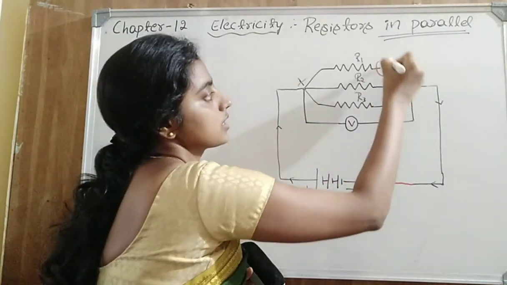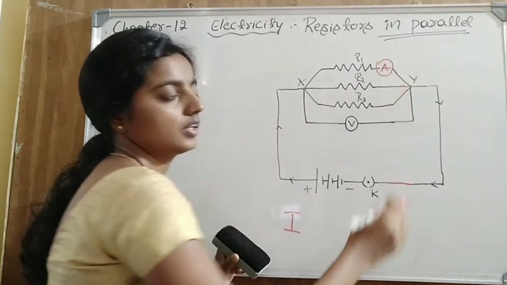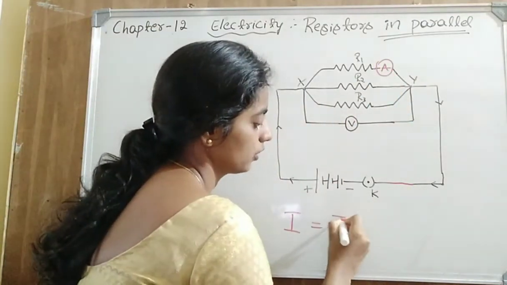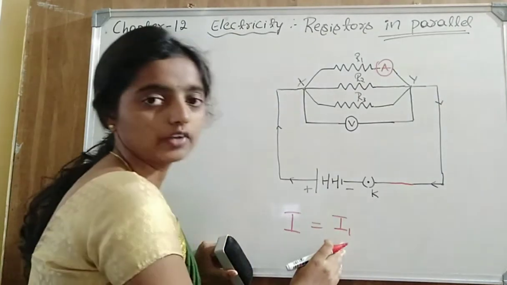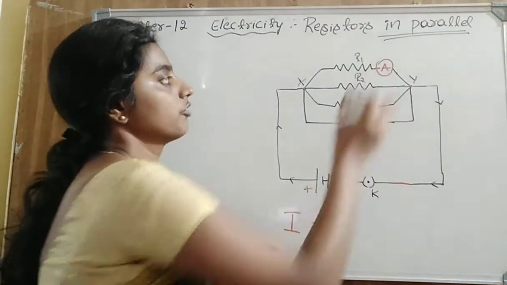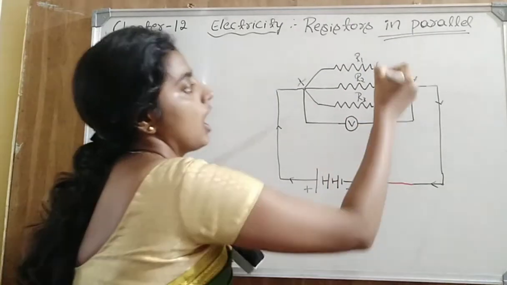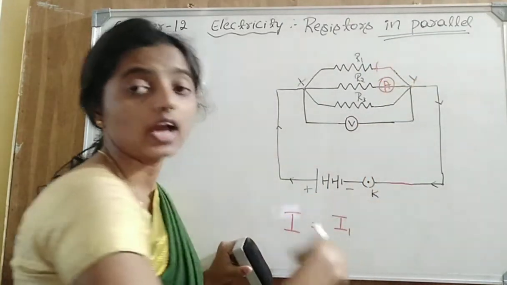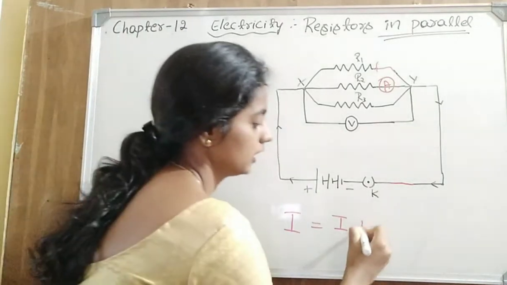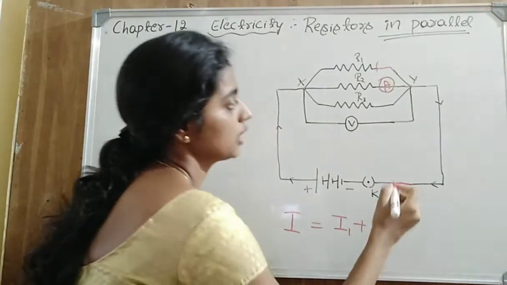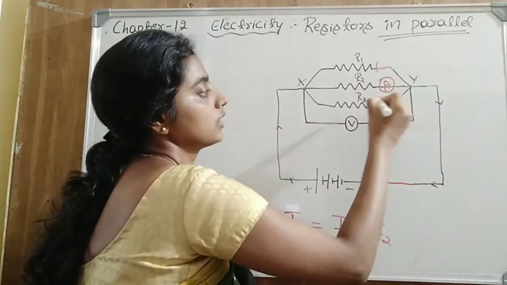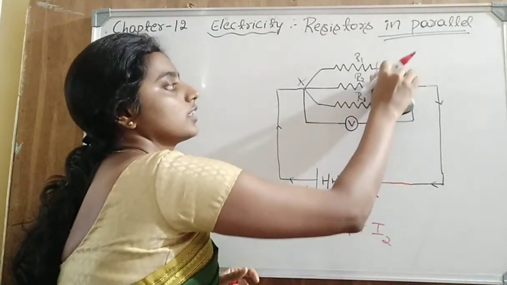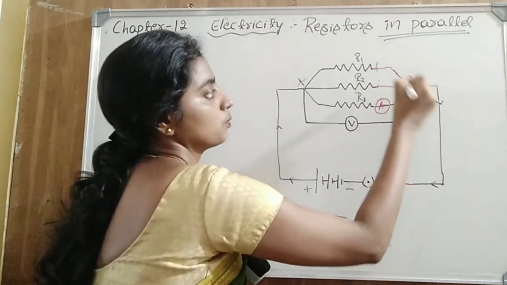So if we place the ammeter here and note down the current value, we got a current value, let it be I1, and the same thing if we repeat for the R2 resistor, we got another different value, let it be I2.